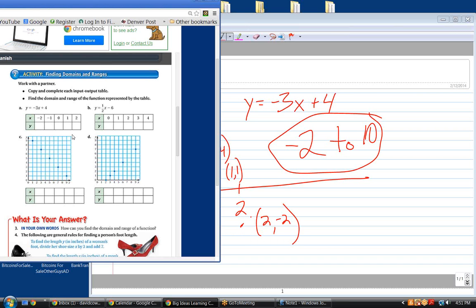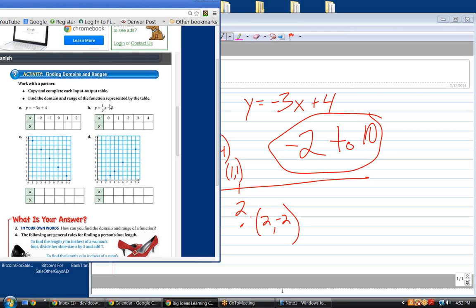Part of it's my fault in that I introduced you to this concept with continuous functions as opposed to discrete tables. So we'll do it their way for the moment. Remember my way. You'll eventually need to know that.